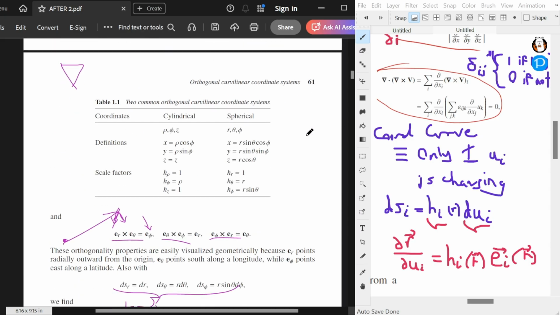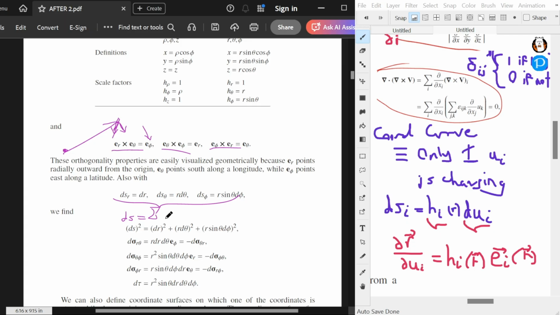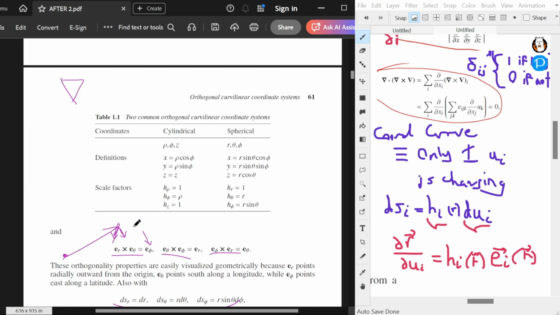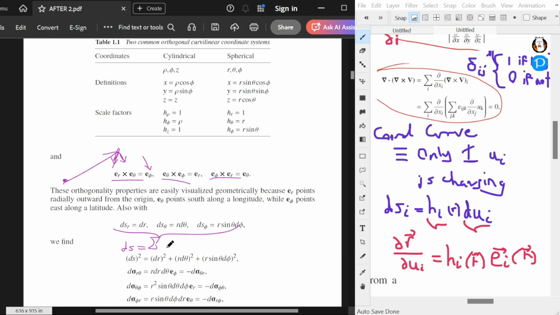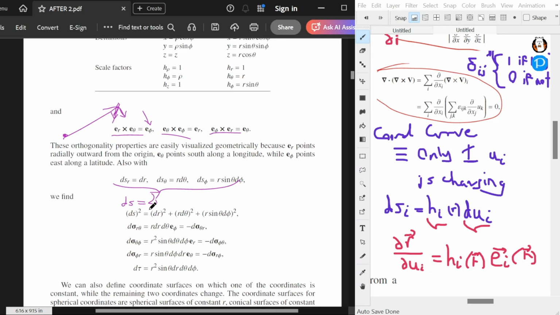That's just part of the notation. So we're seeing the same thing at ds squared. Even though ds is a plus b plus c, you don't get the cross terms. You don't get dr r dtheta. I guess that's just how they do it. Okay, ds squared equals this. We can live with that under these assumptions.